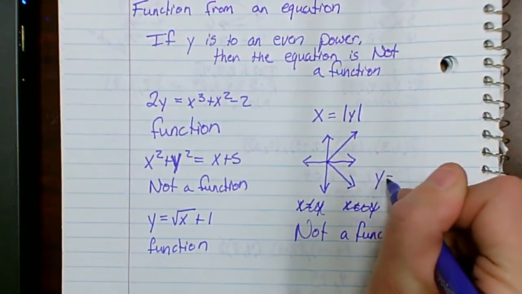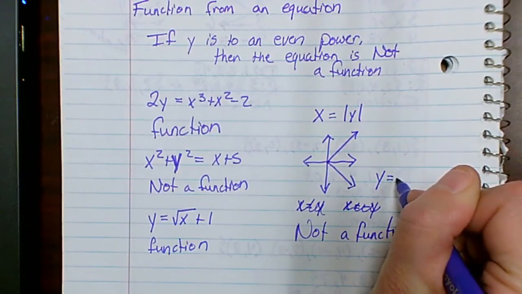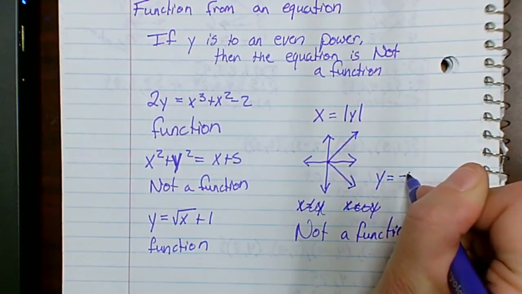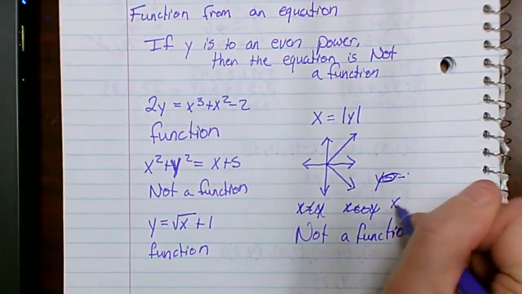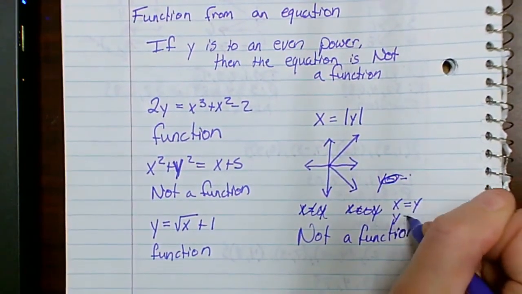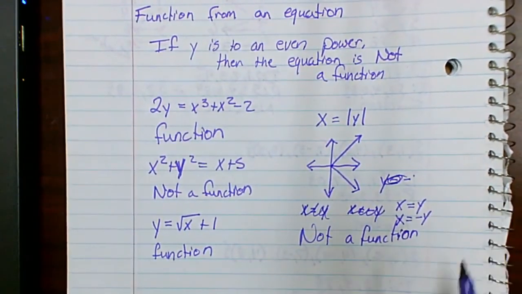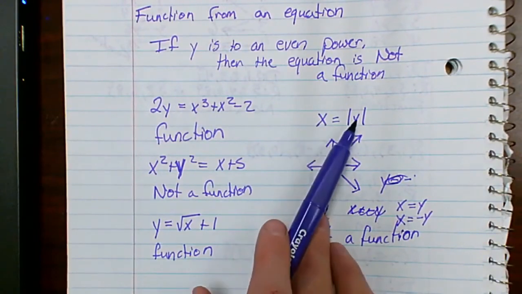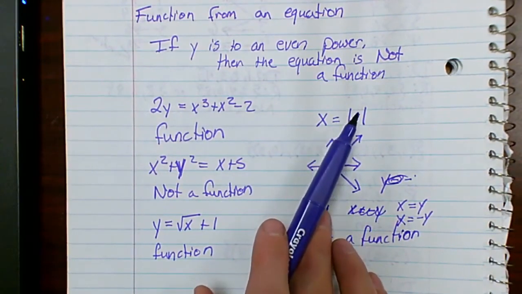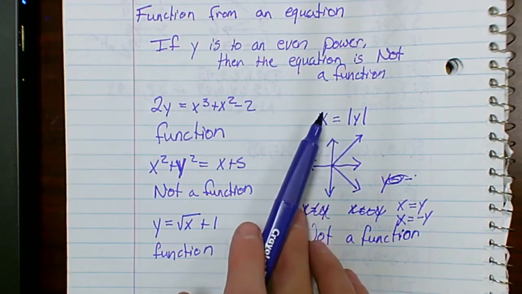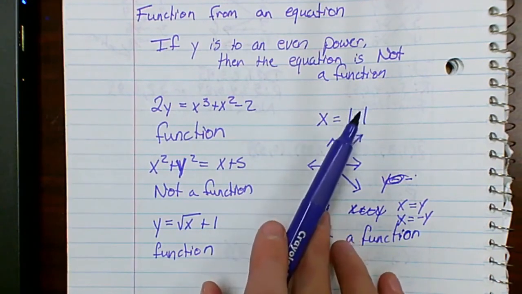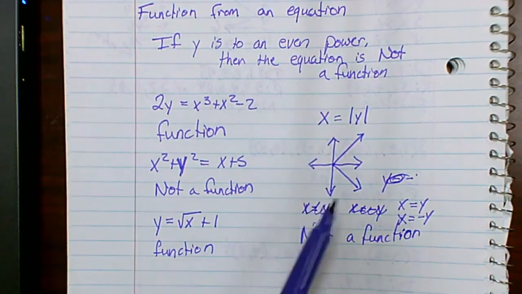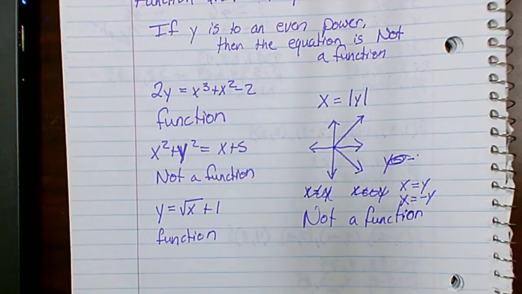A y can equal, no, I was right, sorry. Yeah, that's right. x can equal a y or x can equal a negative y. Because if we plug in y, we will get an x, and if we plug in a negative y, we will also get an x. Okay, so I was right. I was second guessing myself.